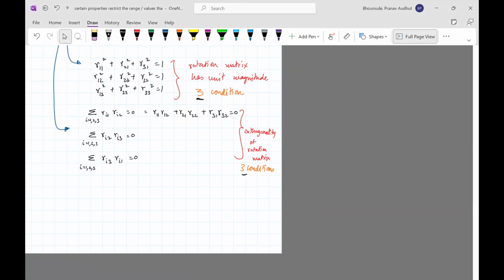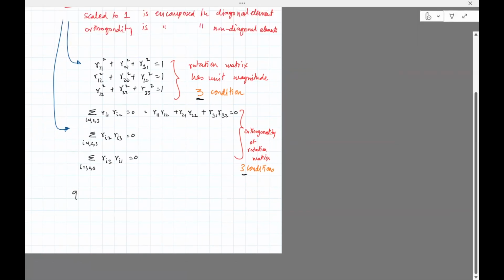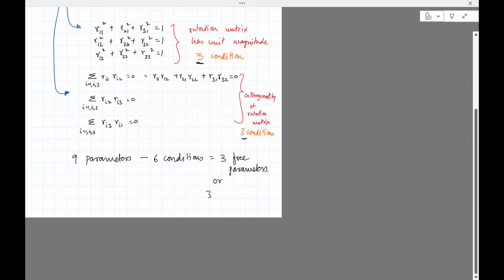So the free parameters, there are 9 parameters. There are 6 conditions, which leaves you with 3 free parameters. So rotation matrix is described only by 3 unique numbers, 3 free parameters or 3 unique numbers.